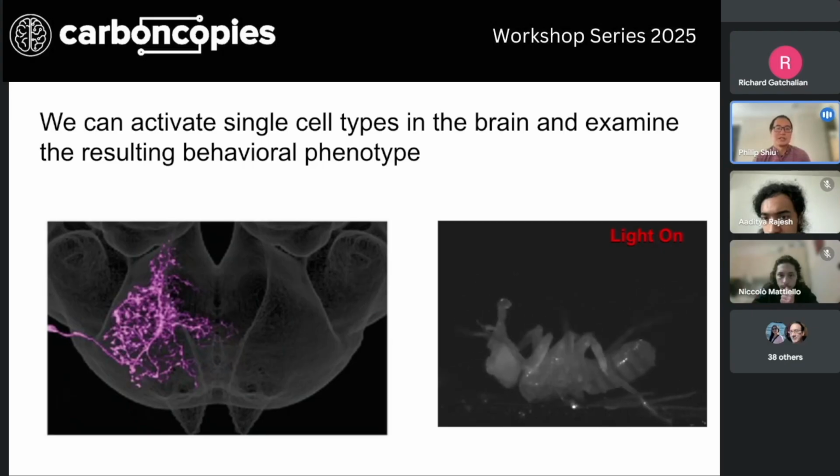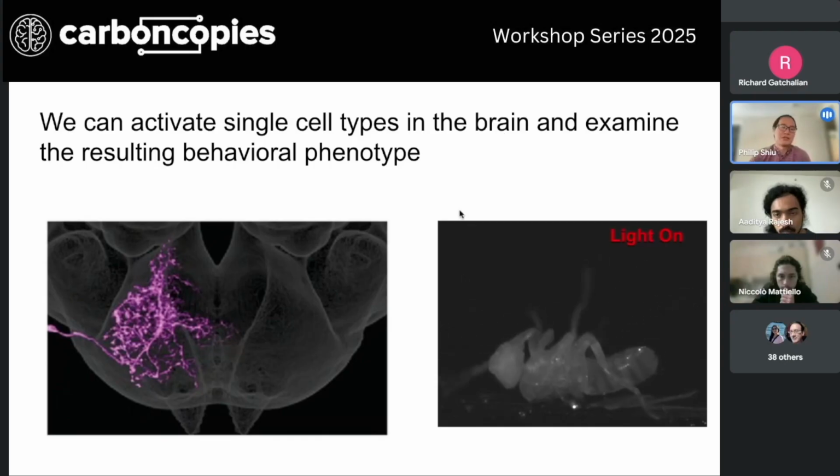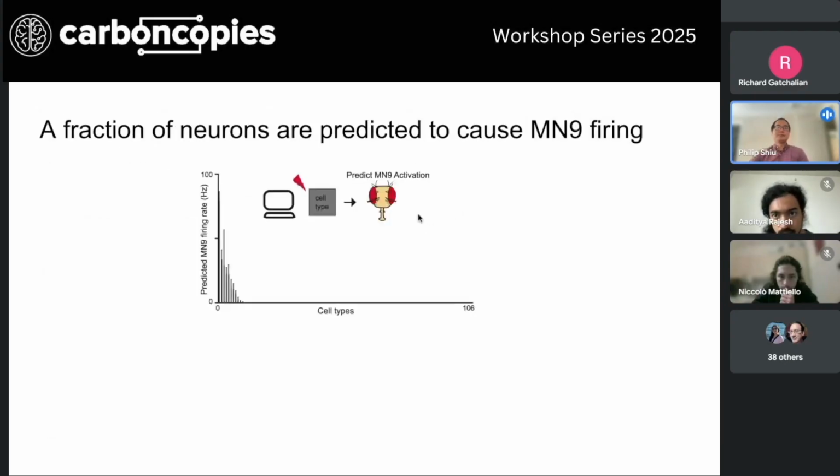So for example, we can activate the specific cell type on the left, and this causes the fly to extend its proboscis. Here we're using optogenetics, and when the light gets turned on, this neuron gets activated and the fly extends its proboscis, as if there's sugar to eat. We did this across 106 cell types that we were able to find in the EM, that we had single cell type genetic access to, and that were in the feeding region of the fly's brain.